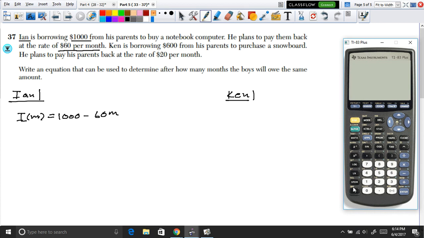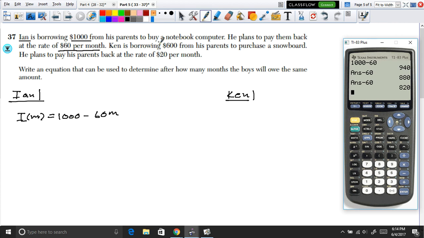So the first month passes by and he pays 60. So now after 1 month, it is going to be 1,000 minus the 60 that he already paid back. So that's 940. Another month passes, so he pays another 60. So that's 880. Another month passes and he pays another 60. So this is an equation for Ian.